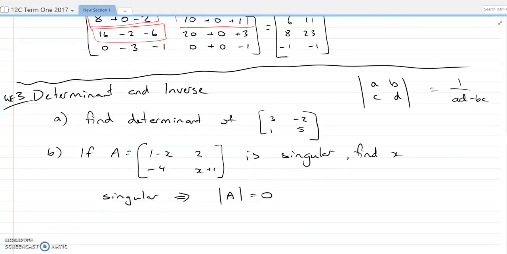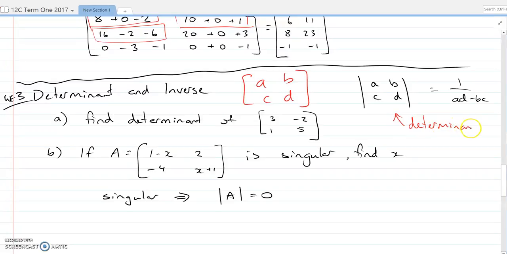Determinant and inverse. If you have a matrix, this is your matrix, A, B, C, D. This is how you write the determinant, and it is 1 over AD minus BC.